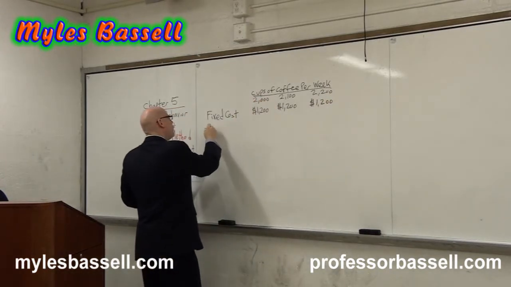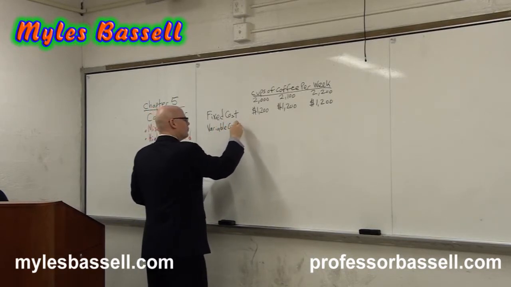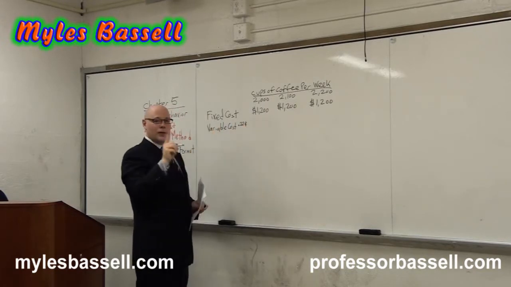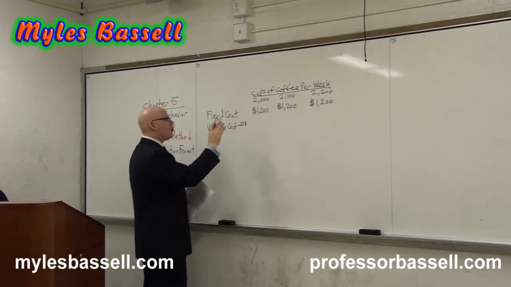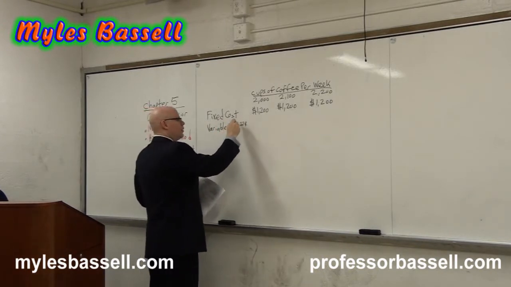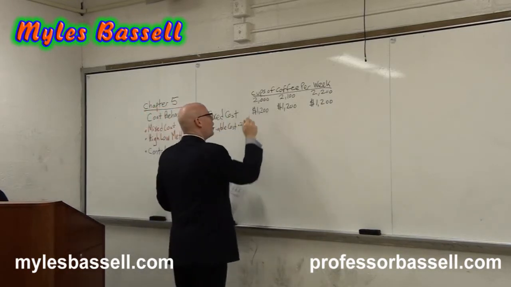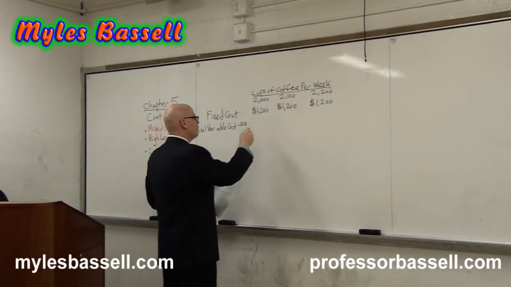All right, they tell us the variable cost per cup is 22 cents, right? So 22 cents per cup. But now what we're going to look at is the total variable cost. That's actually what we're going to show on this chart. The unit variable cost is 22 cents, but the total variable cost is going to be what for 2,000 cups? $440.